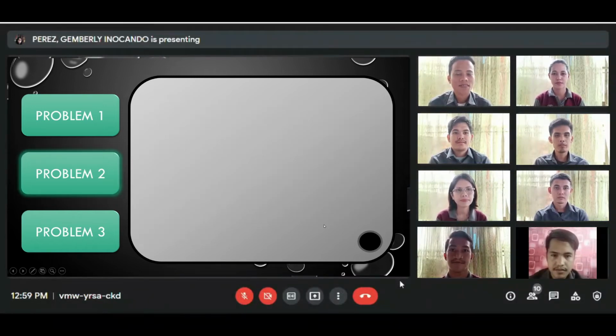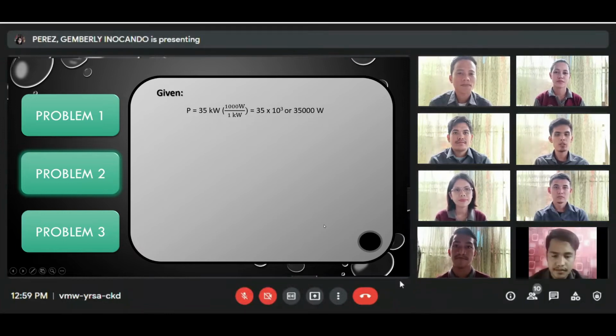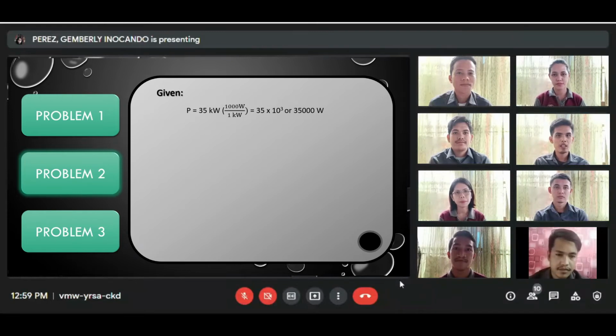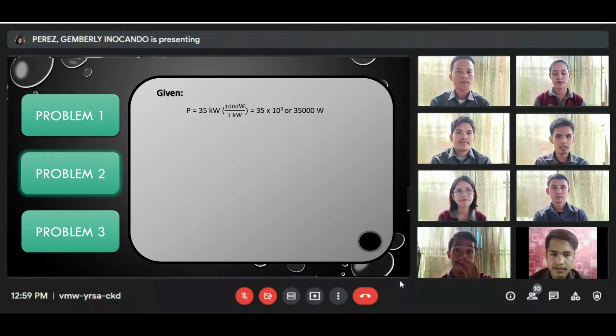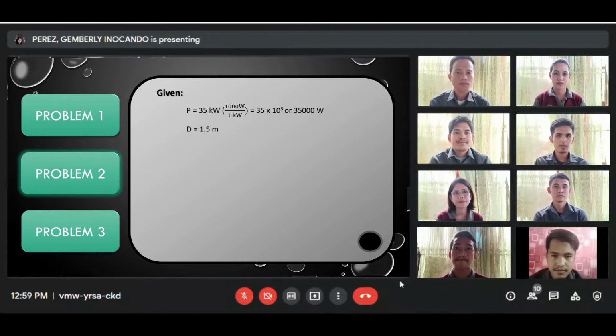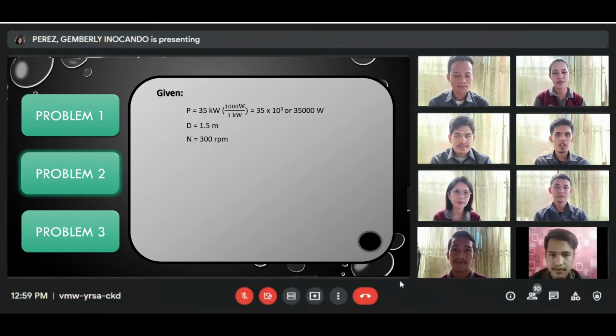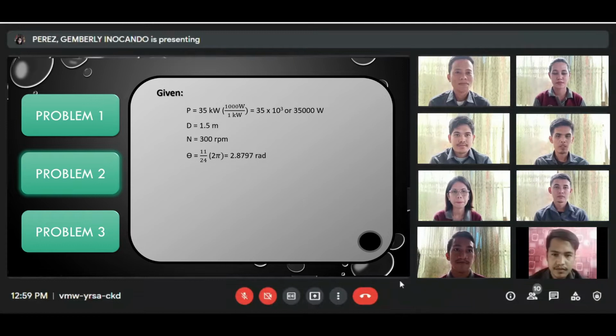P is equal to 35 kilowatts, so we need to convert it to watts by multiplying by 1000 watts over 1 kilowatt, which equals 35 times 10 to the power of 3, or 35,000 watts. D is equal to 1.5 meter. N is equal to 300 r.p.m. The angle is equal to 11 over 24.